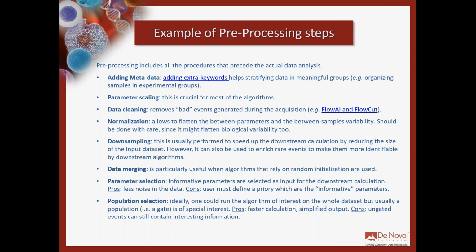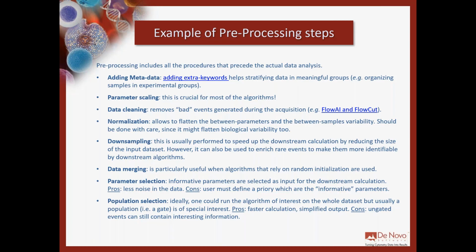There are some tricks, but always do this with care. So you might want to try either with or without normalization, because on one end you are making parameters and files more homogeneous. On the other hand, you are sometimes flattening the biological variability. Some other times you are introducing biases. So do this with care.